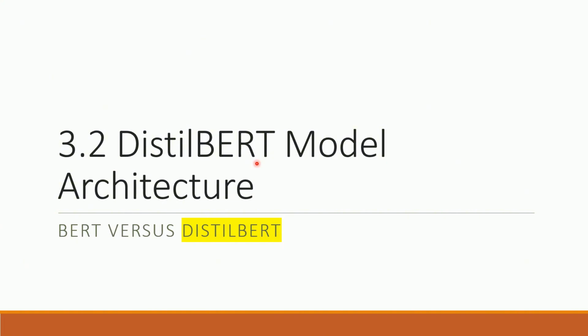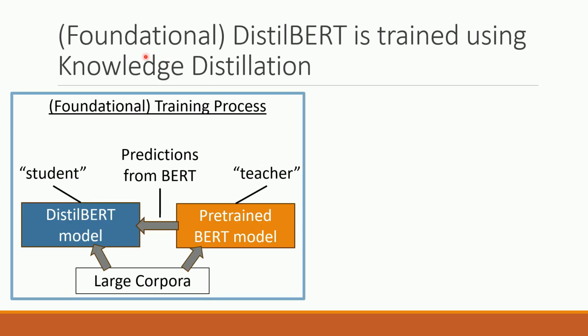So now talking on DistilBERT's model architecture, as well as its unique loss function. So the foundational DistilBERT, meaning we're not talking about the QA component, just the foundational model, is trained using knowledge distillation. So this is the training process. In knowledge distillation, we have a teacher model, which is the pre-trained BERT model, and then the student, which is DistilBERT.